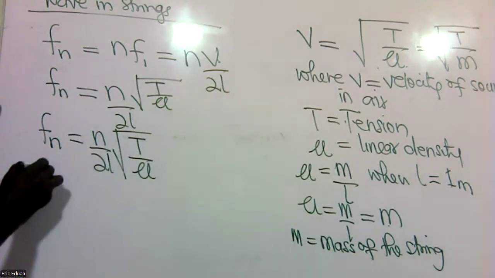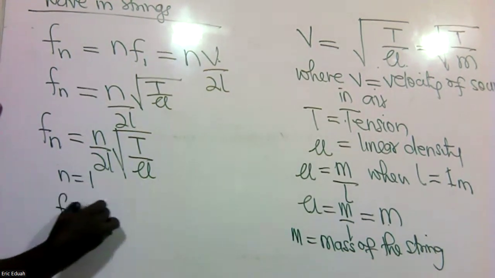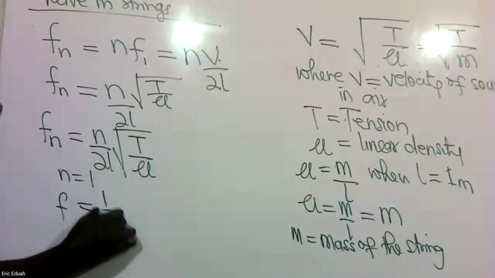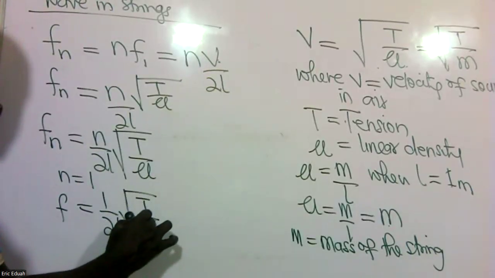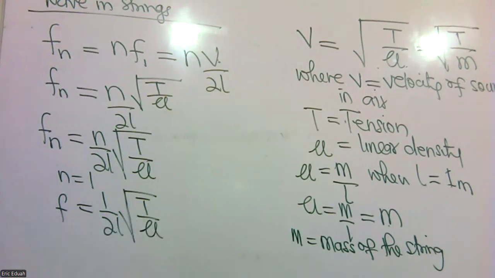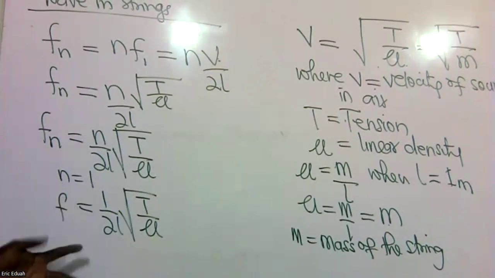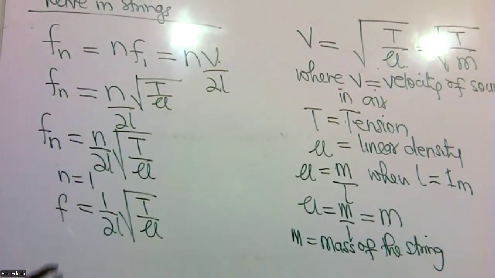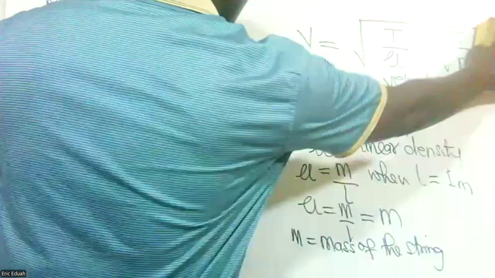If n is equal to 1, F1 will simply be equal to 1 over 2L times square root of T on linear density. So from here we can relate the frequency of sound in strings.